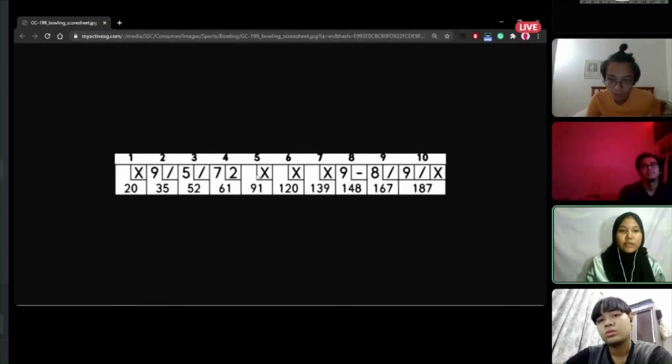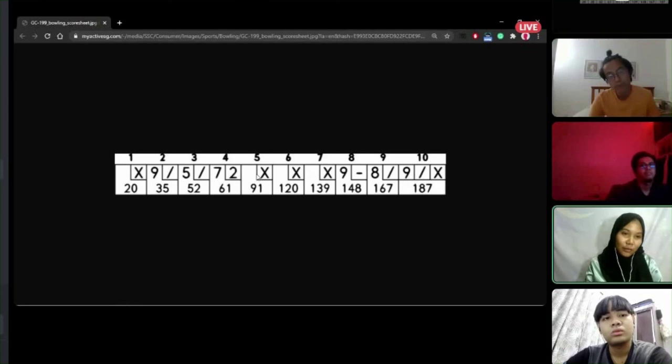Okay, so the output that I can conclude is the name of the player and the score that the player gets. For the score, they will calculate from frame 1 until frame 10, and it consists of strikes, spares, and the pins knocked down from 9 until 0.